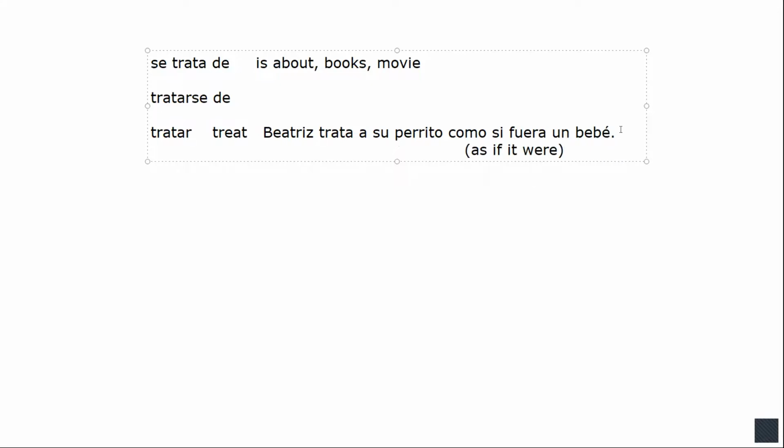Beatriz trata a su perrito como si fuera un bebé. Beatriz does what? Treats her dog like a baby, as if it were a baby. So trata without the se tagged on to the end can mean treats.